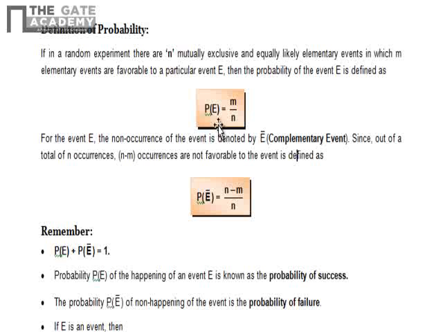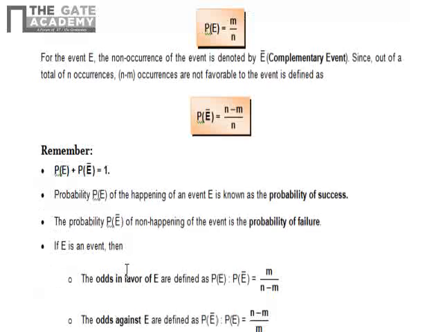So you have to find the number of outcomes, and then you can find the probability. Sometimes they call one event the complementary event, which is shown by E bar. That means the complementary count is n minus m, and if you add these two, probability of event and probability of complementary event, you'll get the sum always equal to 1.